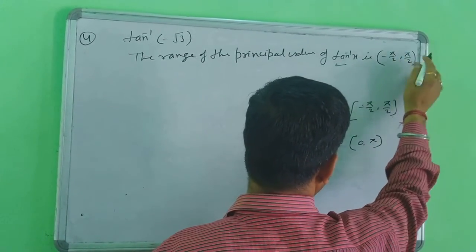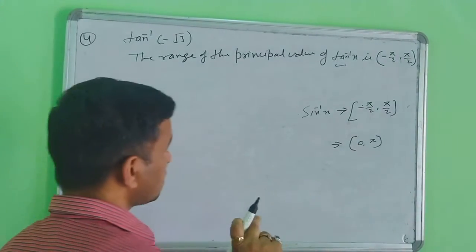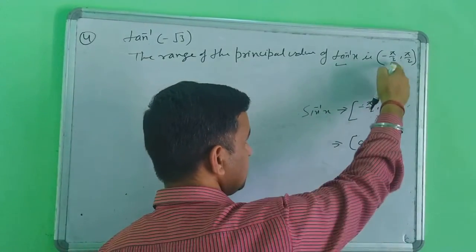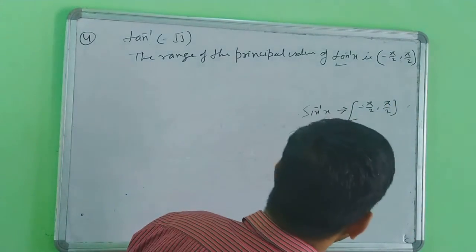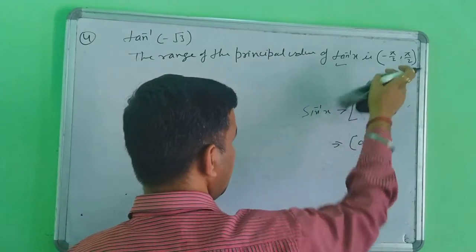This one is the open interval and this one is the closed interval. Don't confuse the sine inverse range and the tan inverse range. The range will be the same, but the bracket is a simple bracket versus a closed bracket. That means this is the closed interval and this one is the open interval.